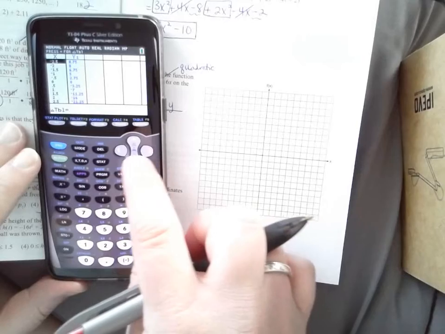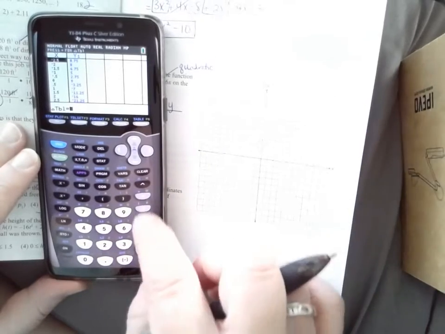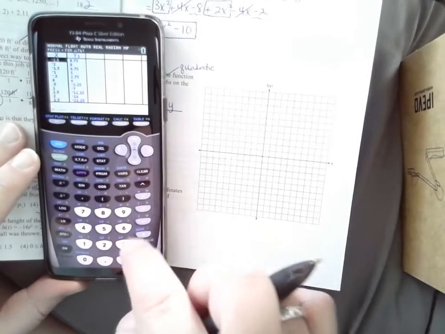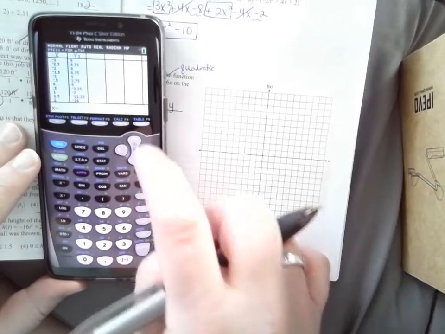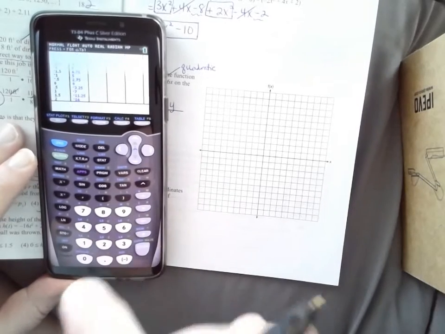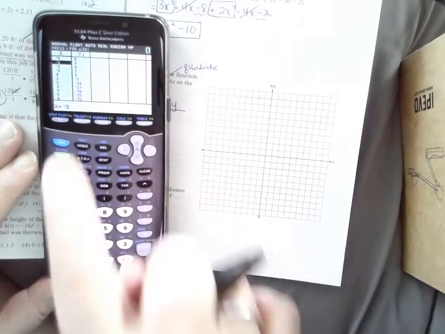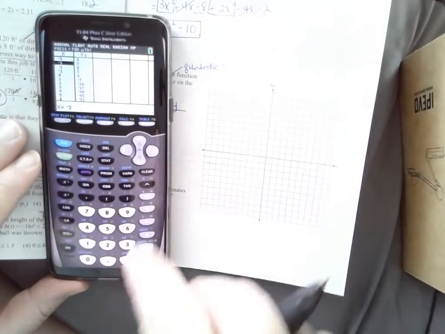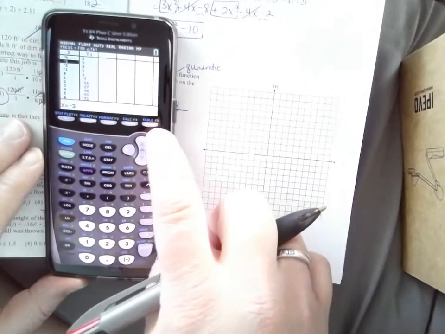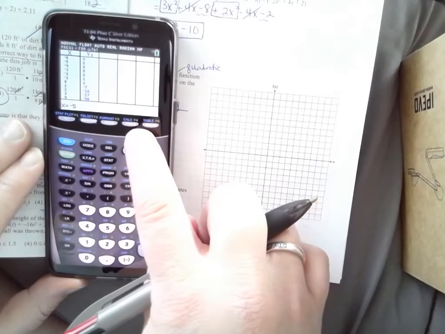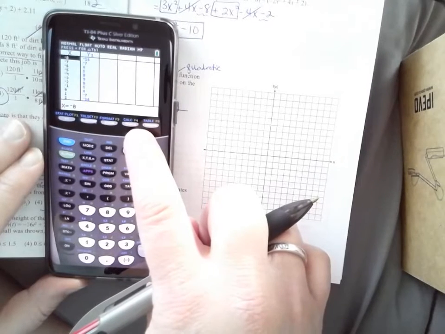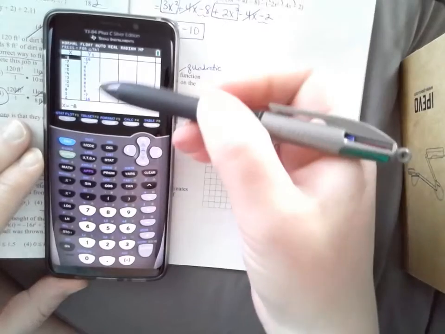I'm going to go right to my table. I'm going to go to my table until I start to see some numbers repeat. And actually where I am right now, I see that happening. I don't know if you can zoom in, but there is a 9 stuffed between some other numbers that match.